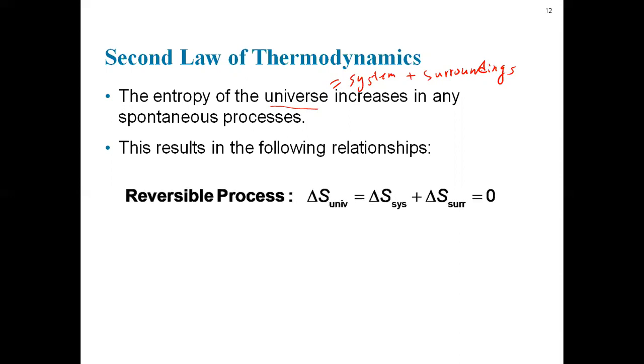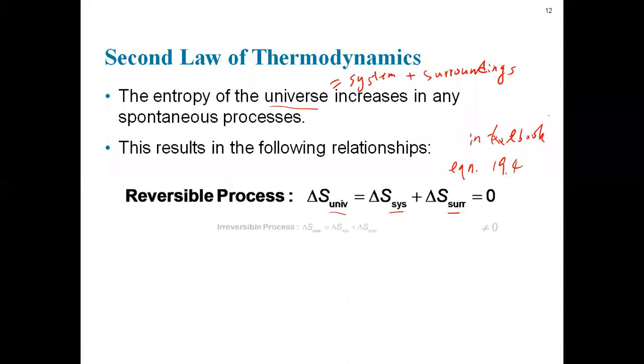For a reversible process, delta S universe has these two parts, because universe equals system plus surroundings. Therefore delta S universe equals delta S system plus delta S surroundings. For a reversible process, that is 0. And this is equation 19.4 in the textbook.